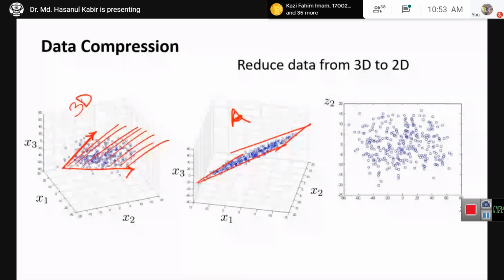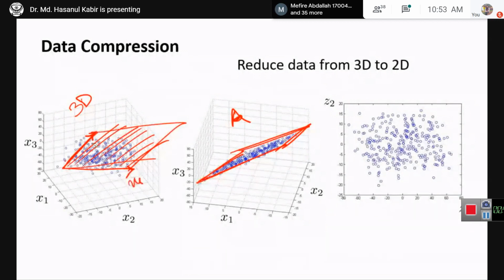Let's say the 2D plane that we're looking at is given by U1 and U2. Any point X, if I project over here, I will get Z1. If I project over there, I will get Z2, right? Yes or no? So that is for a single point.